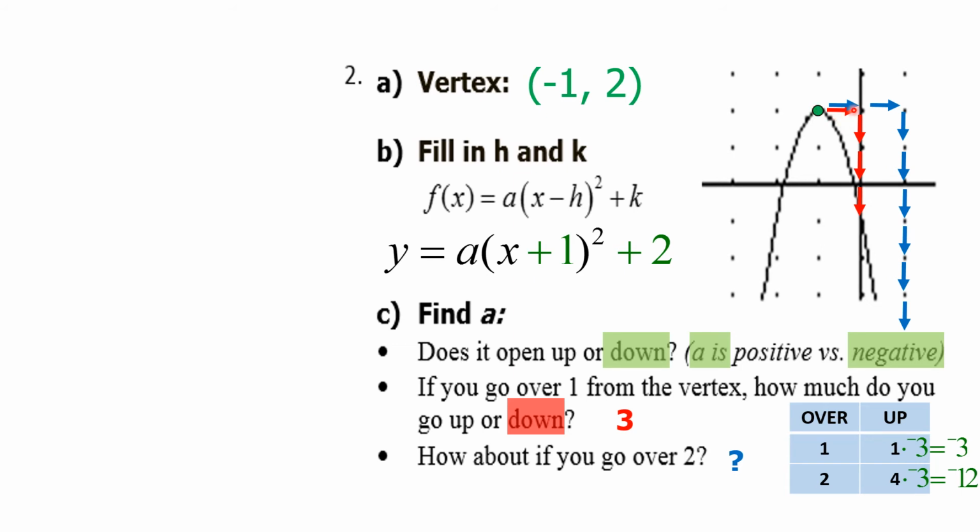So watch this, over 2, down 12, keep going until we hit it. So we determined that A is -3, so let's put it back into the equation. Y is equal to -3, in parentheses, x plus 1, quantity squared plus 2.